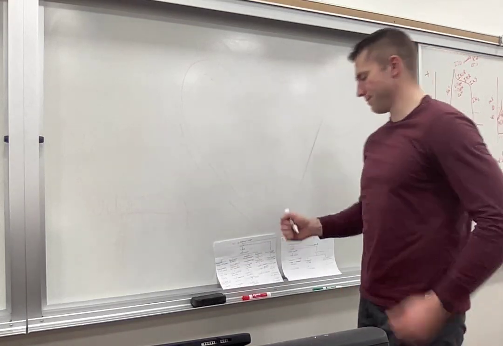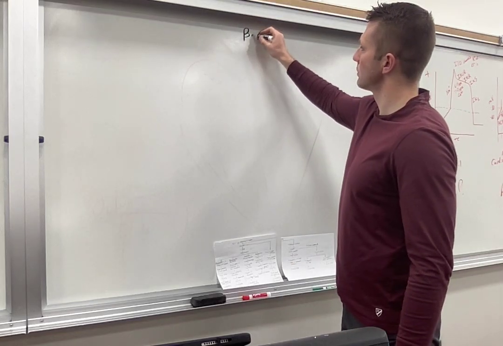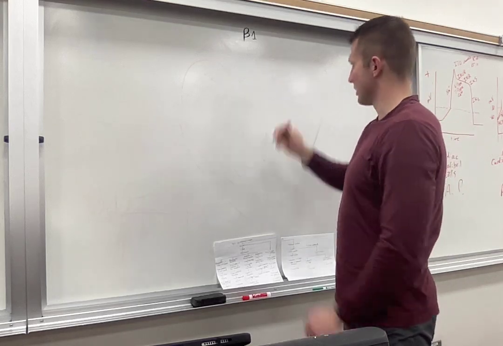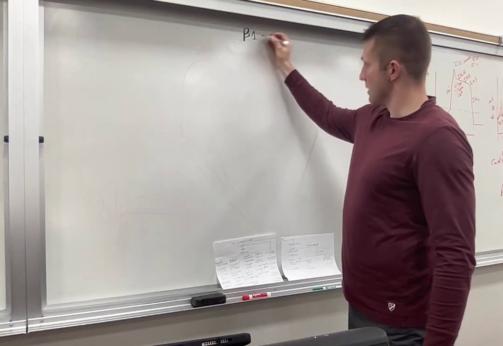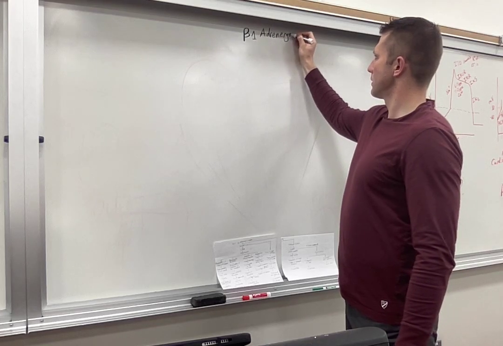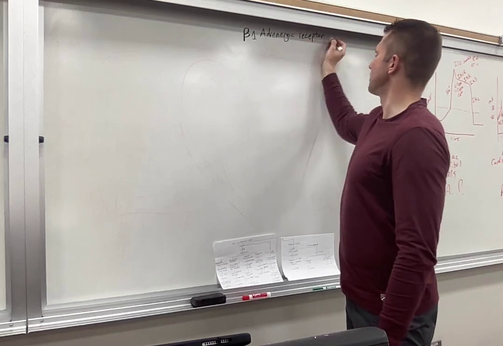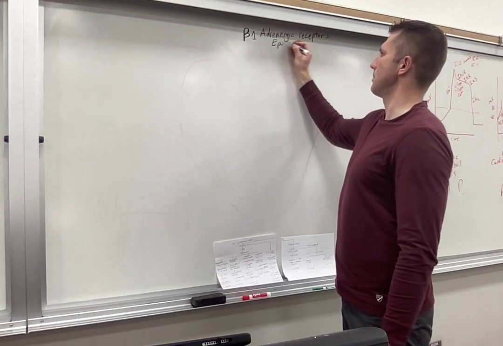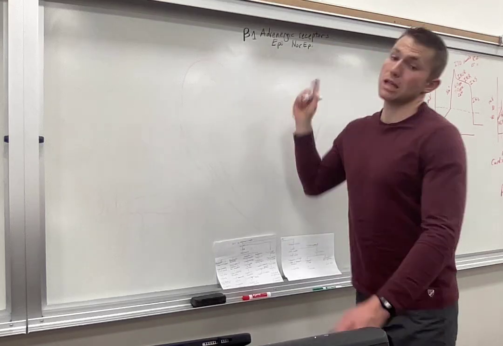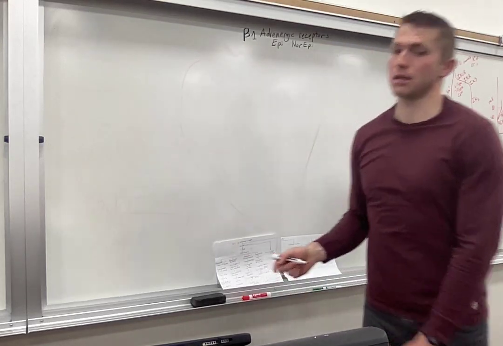in the heart. So we've got beta 1, and these are adrenergic receptors, which means they're stimulated by epi and norepi, but mainly remember epinephrine has a higher affinity for beta 1 than norepi.